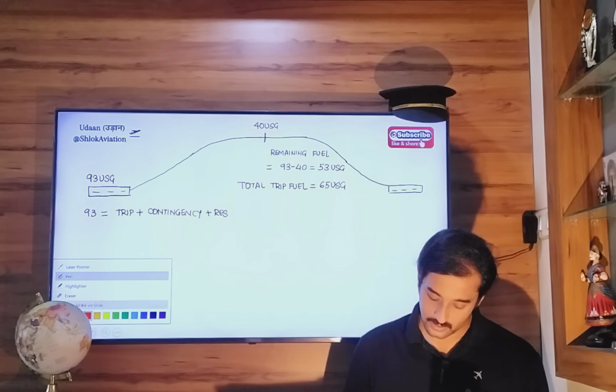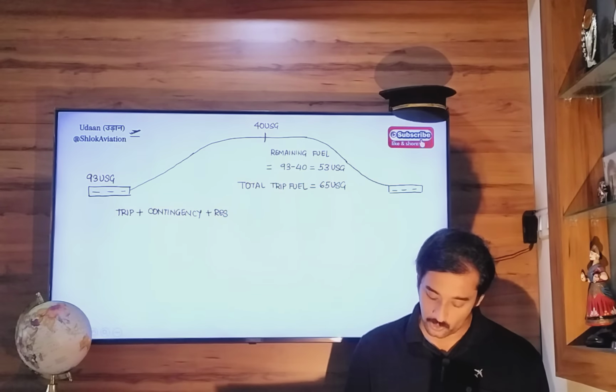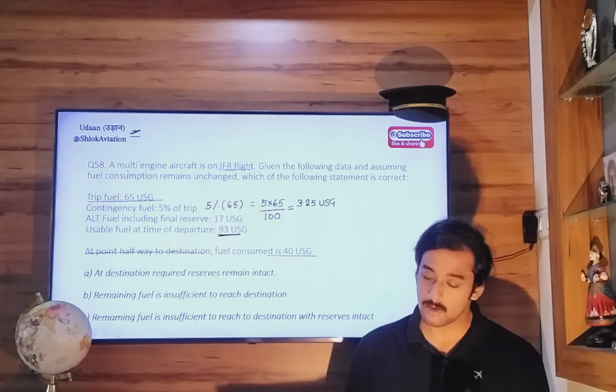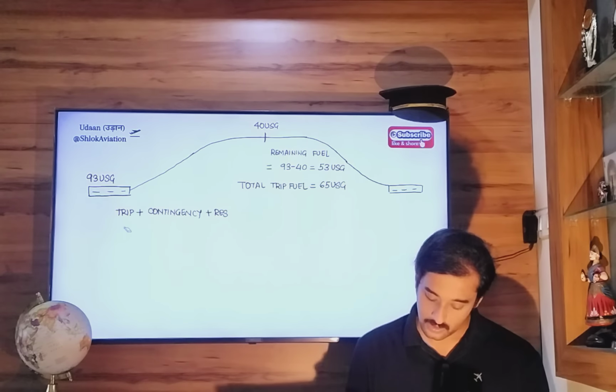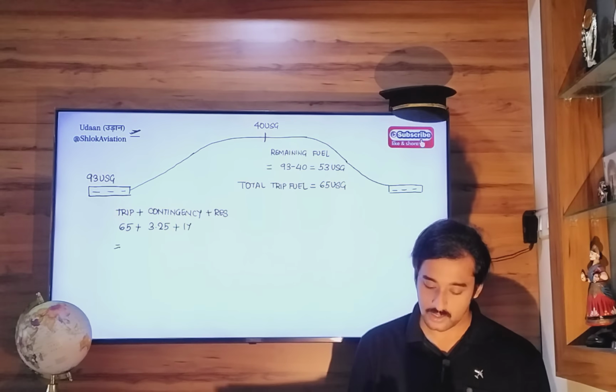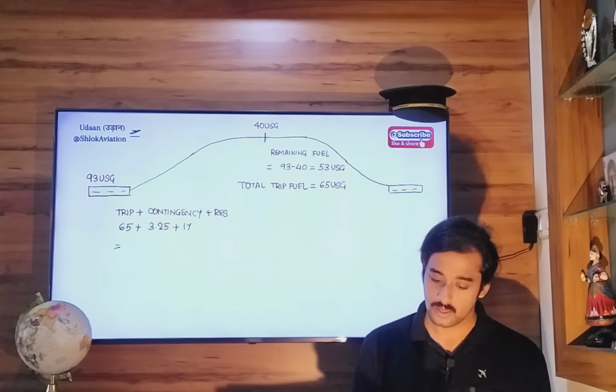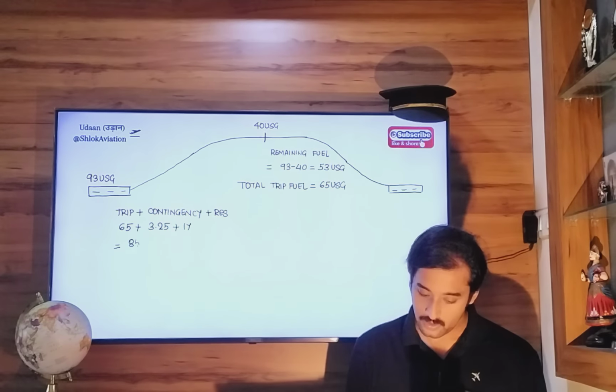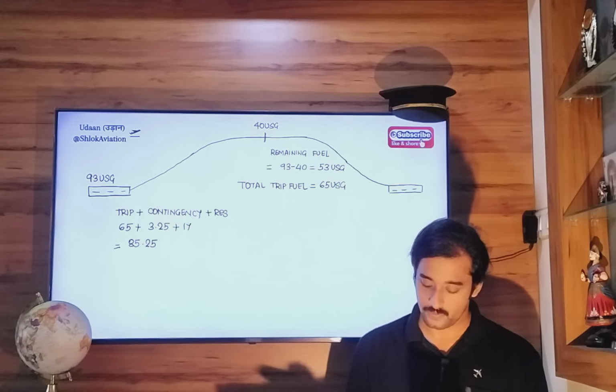So let's check. When you add all these values, 65 plus 17 plus 3.25, you get 85.25.